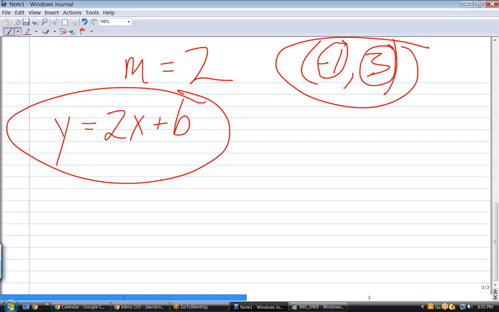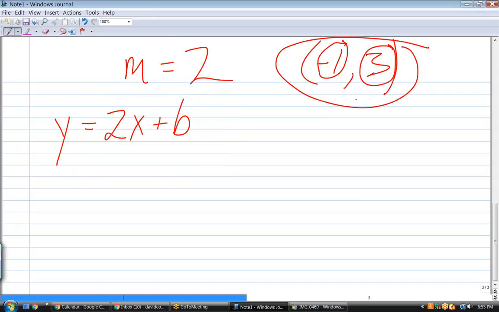All right. That's going to let me solve for b. So plug in my point into that partial equation. What do you get? You get 3 equals 2 times negative 1 plus b. Now we can solve for b. What's b equal to?